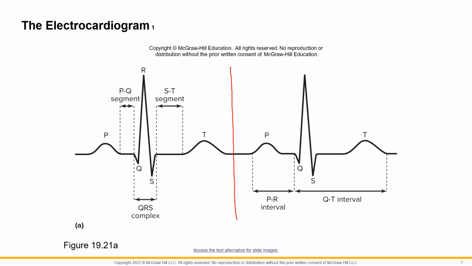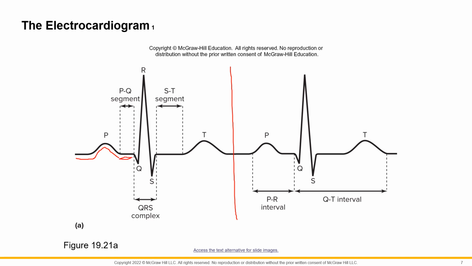So each cardiac cycle will be represented as a segment, followed by first electrical peak, which is represented as the P wave. Following the P wave is another segment or a plateau.